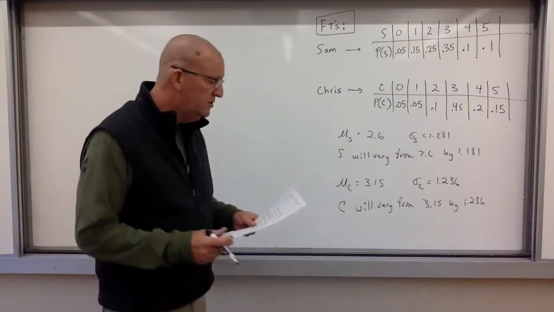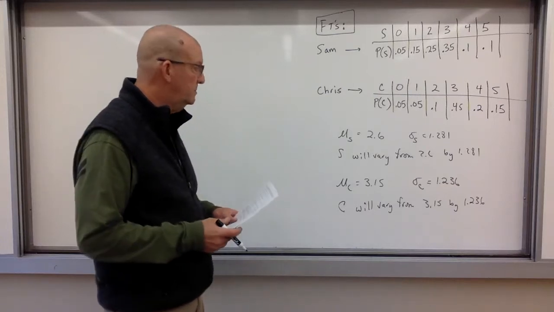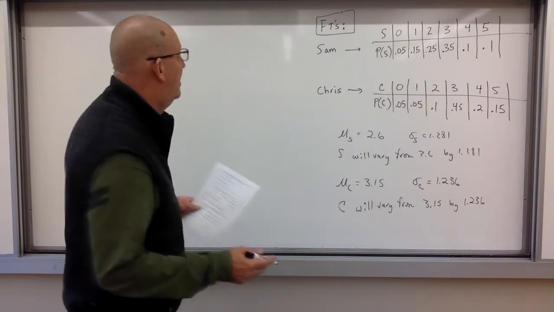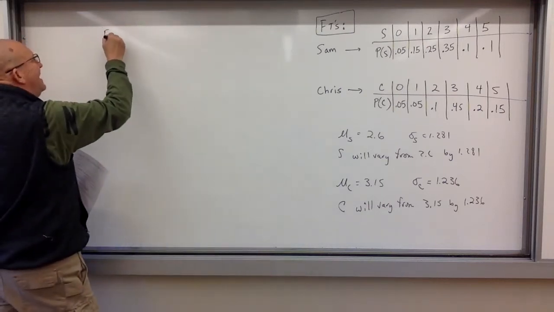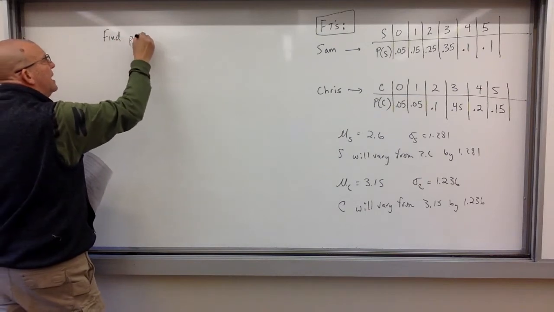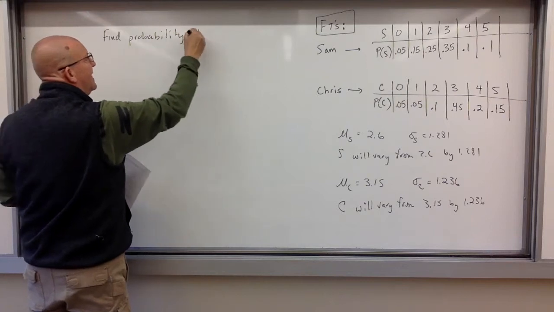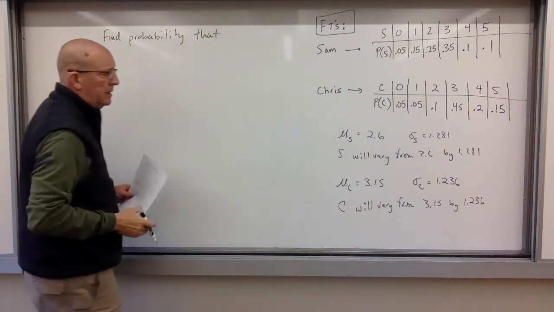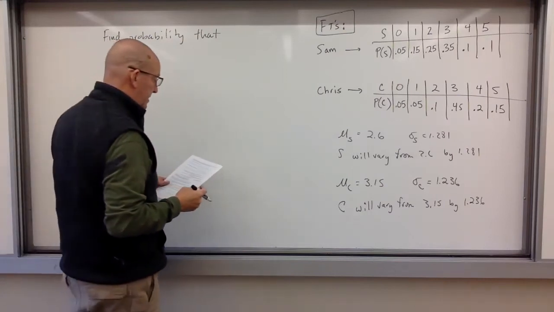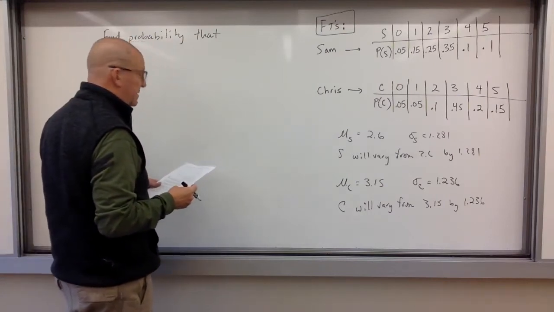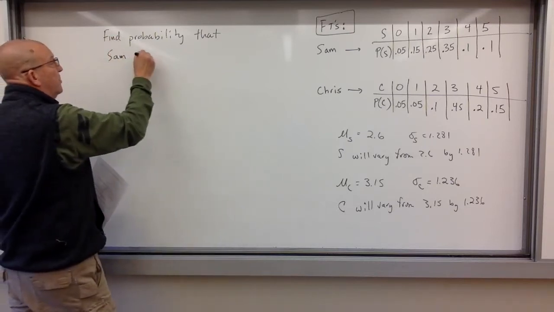So here's what I want to find out. Find the probability that Sam makes more than Chris.